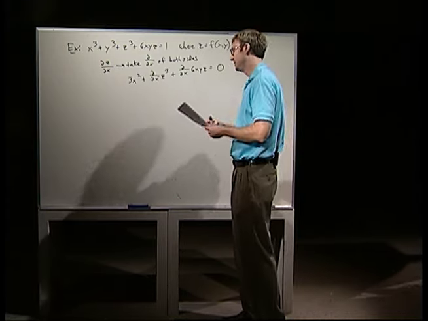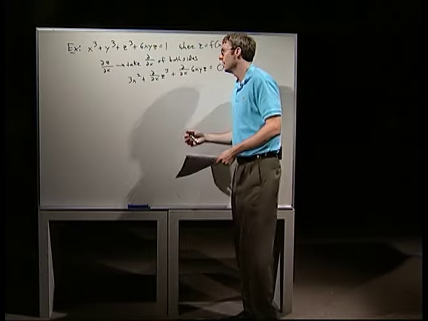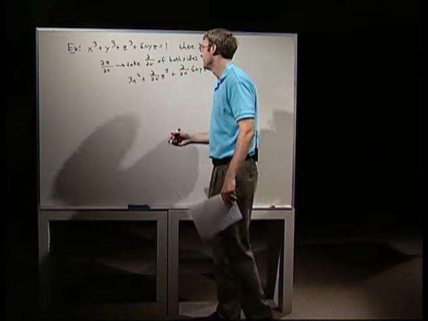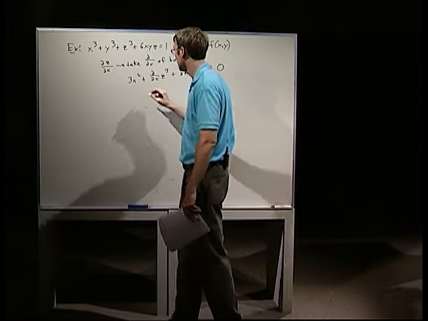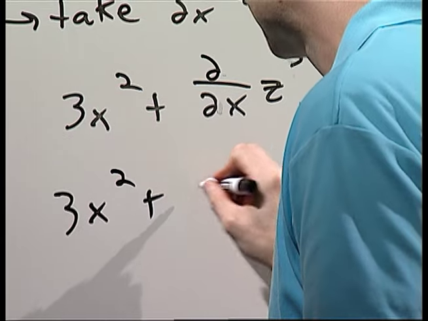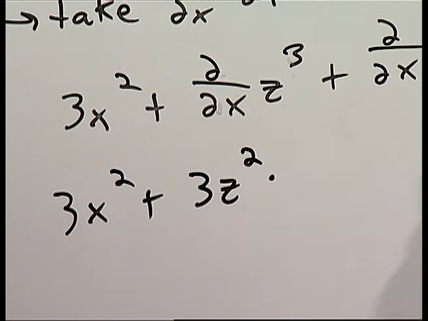The chain rule says it's the derivative of the inside times the derivative of the outside. The outside here is the cubing function, so the outside gives us this 3z squared, and the inside is this. What is partial x of this?